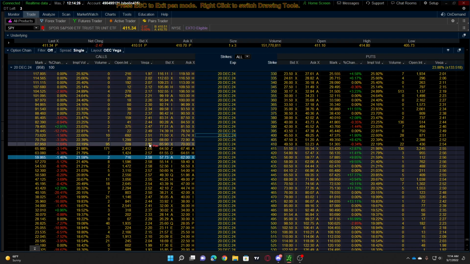So we look at these Vega values, and we can see 258 right there. That's the highest concentration of Vega value, $2.58. On either side of that, higher and lower, is 257.